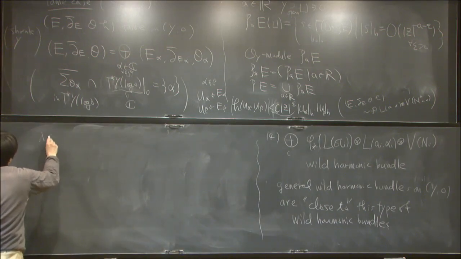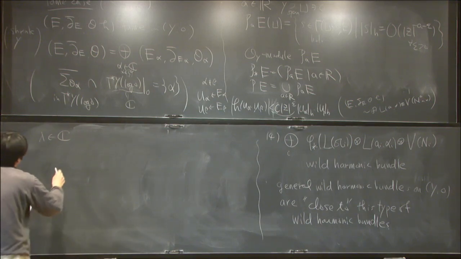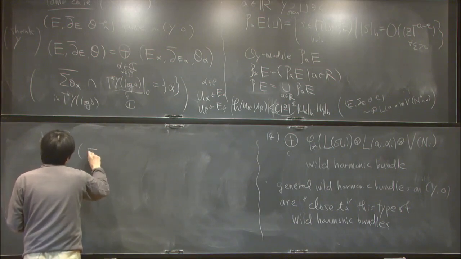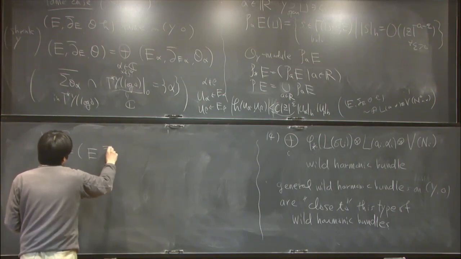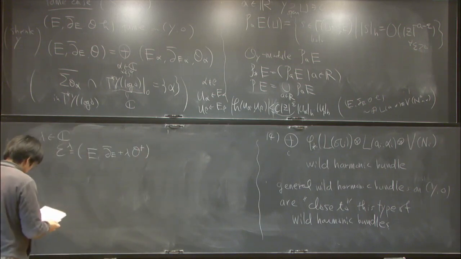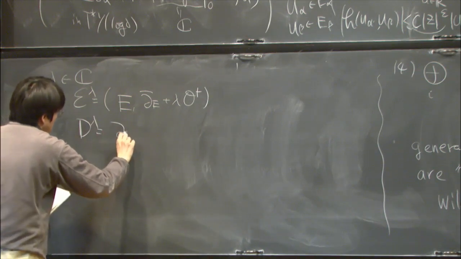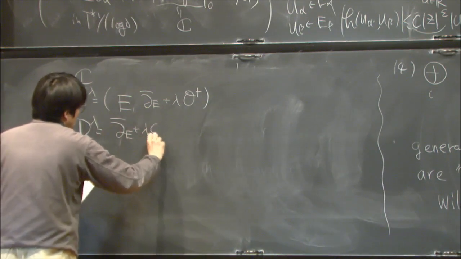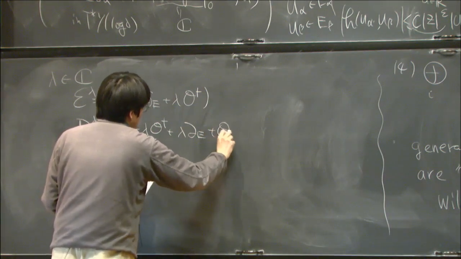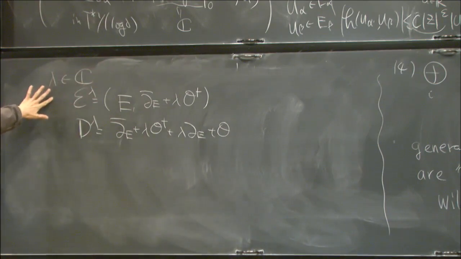So, for any complex number lambda, we have the whole vector bundle with lambda connection. And if lambda equals 0, this is the original Higgs bundle.